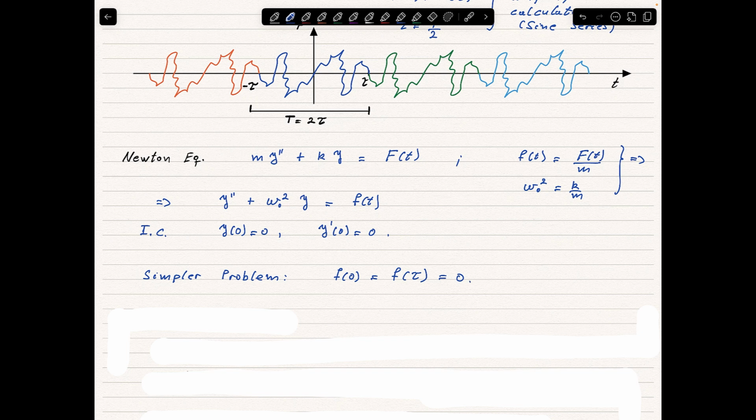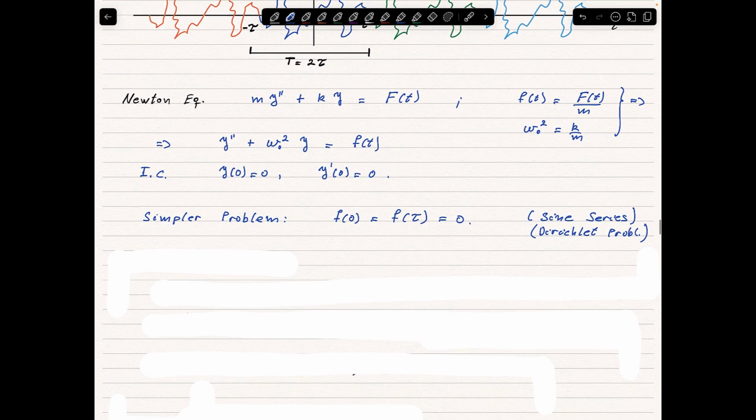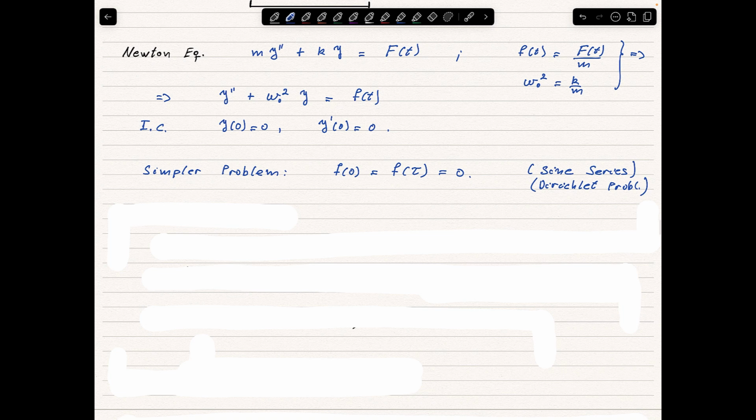That is going to give us the possibility to use only sine series, and actually the sine series that come from the Dirichlet problem. So we are going to see how we do that. So that is our problem. This is the analytical version of the problem given in the picture.